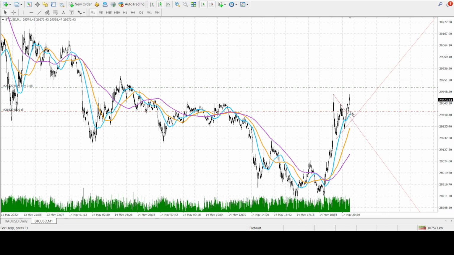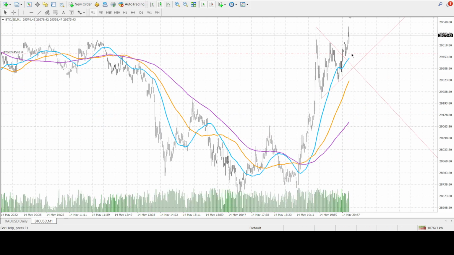Our stop loss is here, which is supposed to be under the MA50. All right, there we go. So let's move that under MA50. Now our stop loss is under there. So if Bitcoin were to come underneath the MA50 and hit our stop loss, it would close the trade at a loss to prevent further loss.